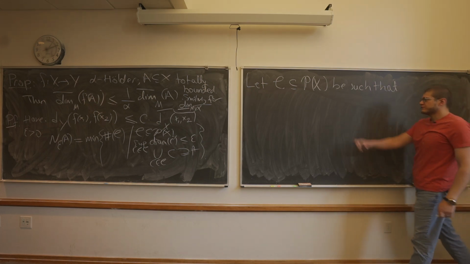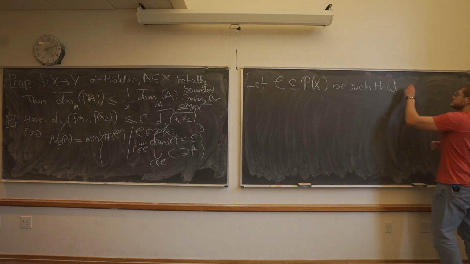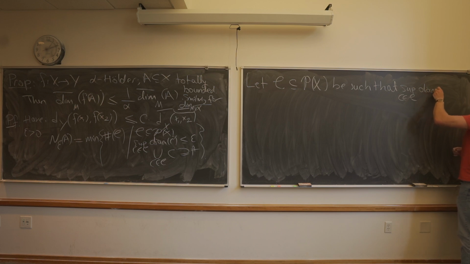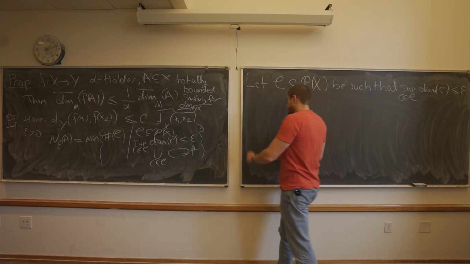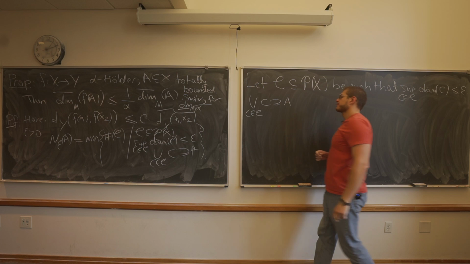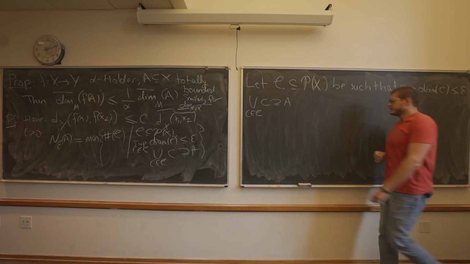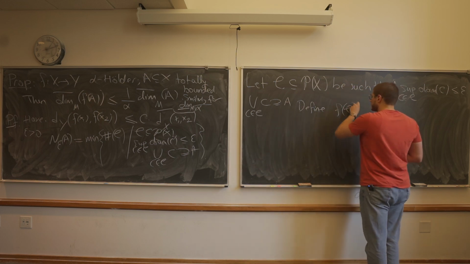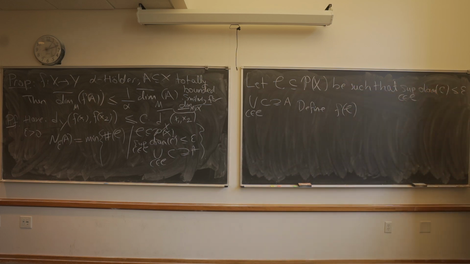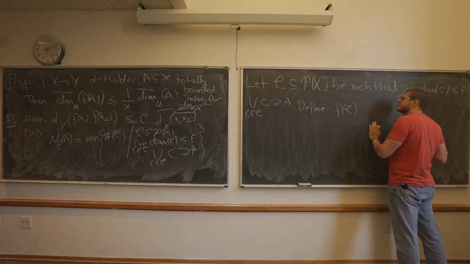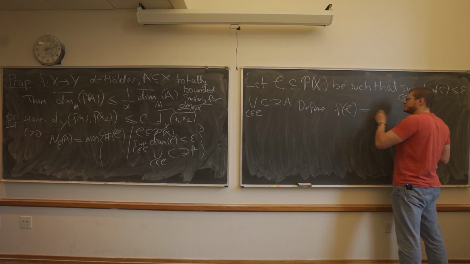Curly C is a collection of subsets of X such that each cell of curly C has diameter at most epsilon, and that it covers A. Define f of curly C to be the collection of subsets of Y consisting of the images of the cells of C under f.